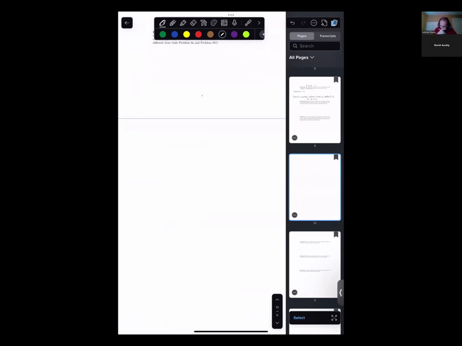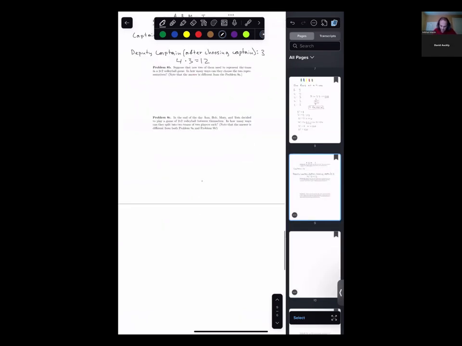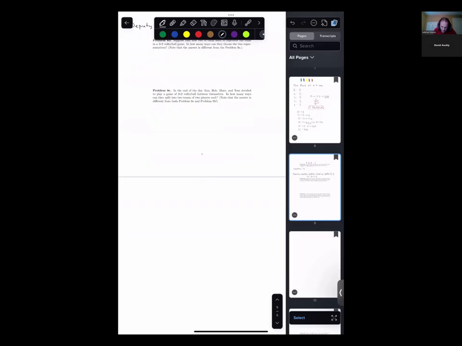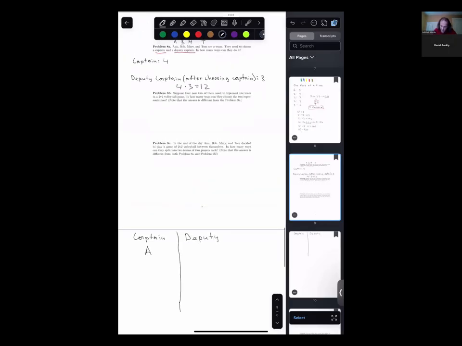Let me write it that way. So we have captain, and then we have deputy captain. We can have Anne and Bob, for example. We can have Anne and Marie. We can have Anne and Tom.